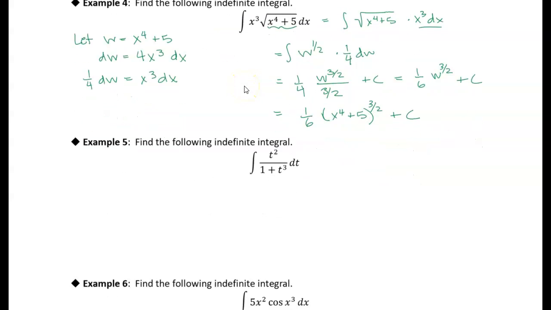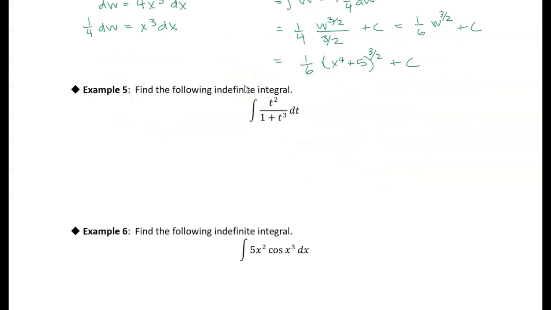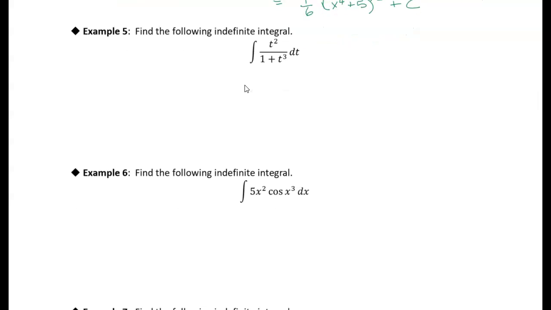The next one looks like we've got a reciprocal function, 1 over something, but then we also have this t squared. So I'm going to combine that, and then I'll have 1 over this 1 plus t cubed.